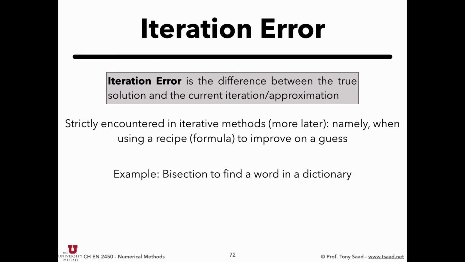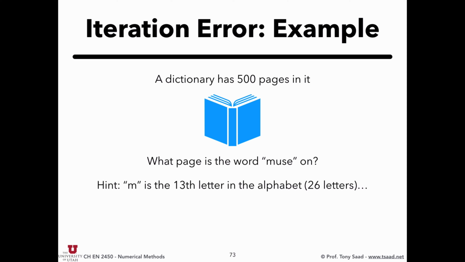So let me give you an example. Say you have a dictionary that has 500 pages in it, and I ask you what page is the word muse on, and give you a hint that M is kind of halfway in the alphabet, is the 13th letter in the alphabet out of 26 letters. One way to do this is say, hey, I'm going to start my guess in the middle of the dictionary.